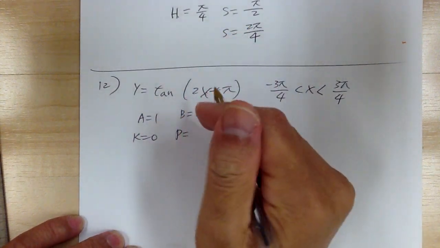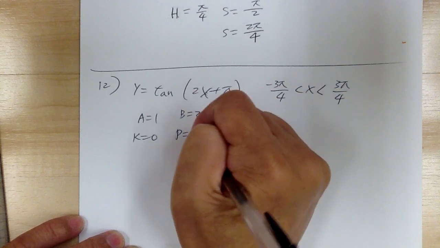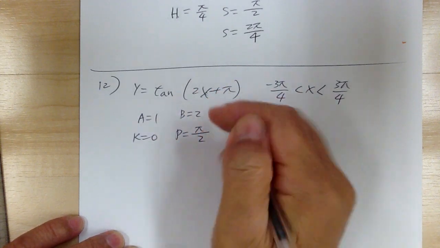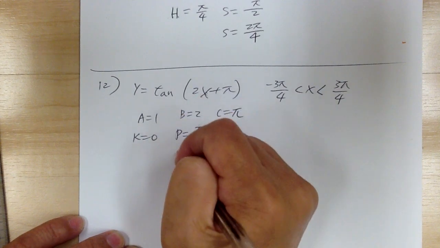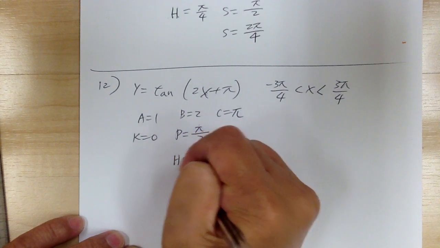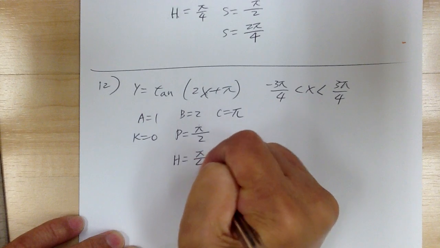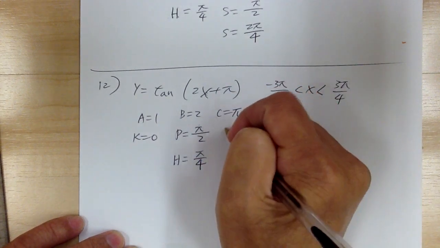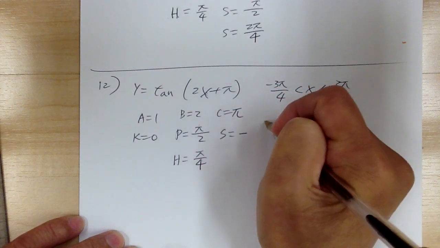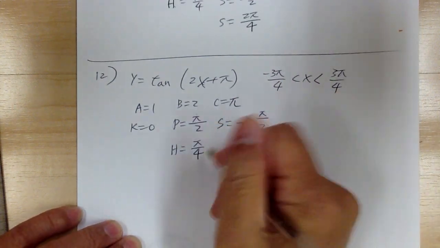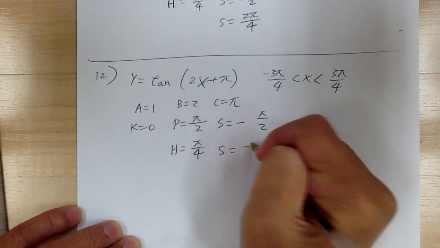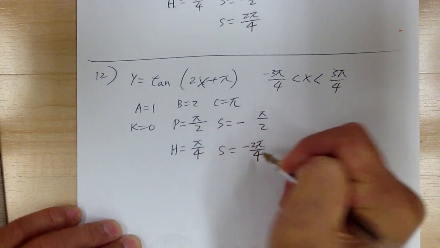Again, for tangent and cotangent, the period is pi over b, instead of 2 pi. Then the h is half, so it would be pi over 4, and s equal to negative c over b. Again, you want to make it into a common denominator, so s equal to negative 2 pi over 4.